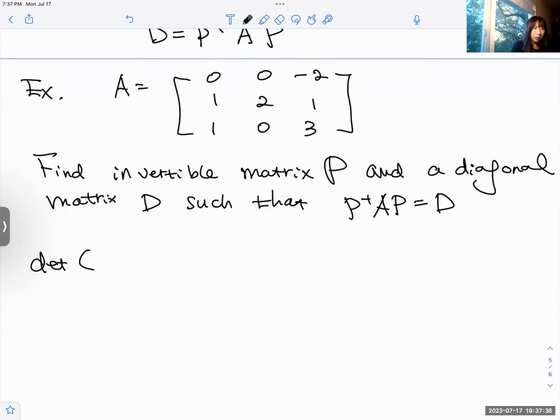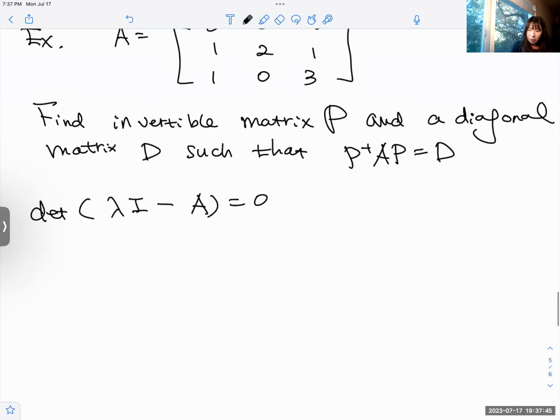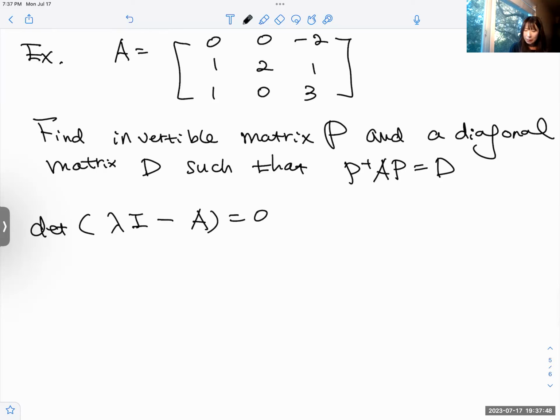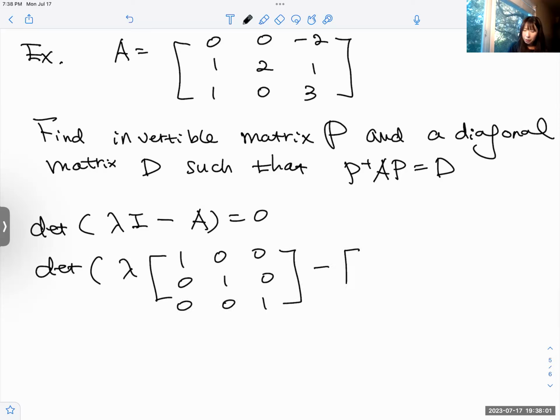Okay, how do we find it? So the determinant of lambda I minus A equals 0, right? Please correct me if I make a mistake. So the determinant of lambda times the identity matrix 1 0 0, 0 1 0, 0 0 1 minus A, which is 0 0 negative 2, 1 2 1, 1 0 3, equals 0.